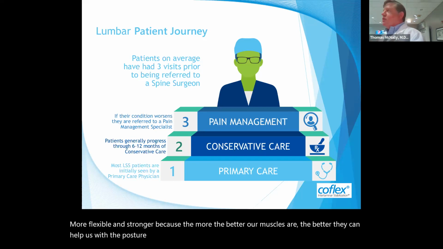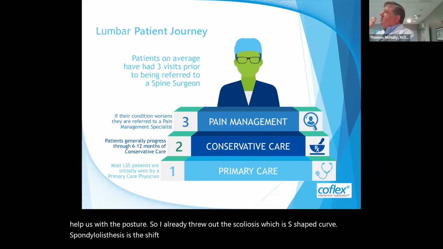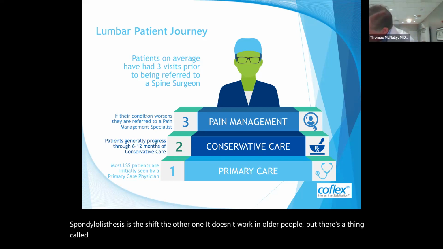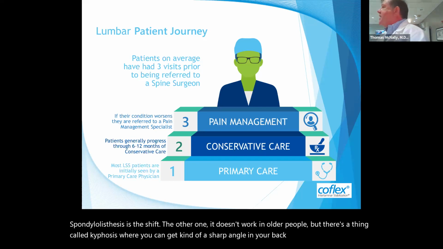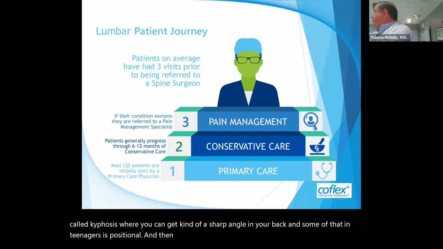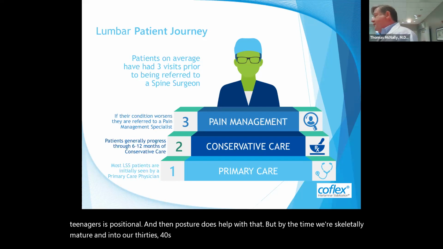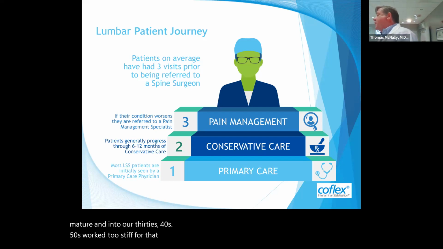So I already threw out the scoliosis, which is the S-shaped curve. Spondylolisthesis is the shift. The other one, it doesn't work in older people, but there's a thing called kyphosis, where you can get kind of a sharp angle in your back. Some of that in teenagers is positional, and then posture does help with that. But by the time we're skeletally mature and into our 30s, 40s, 50s, we're too stiff for that to make a difference as far as the scoliosis.